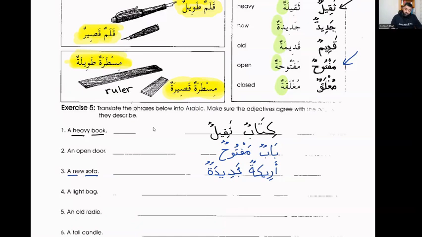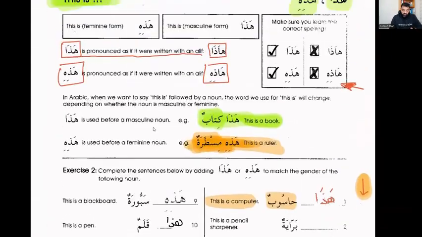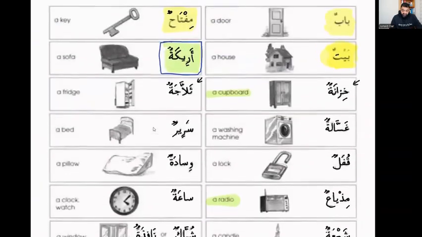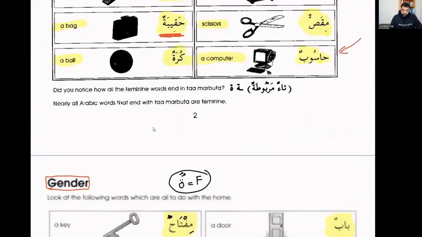So next one then, Bushra, the word for a light bag. Okay, so we start with bag. So all we've got to do is go back because we don't have the word bag. We will find it. Not there.